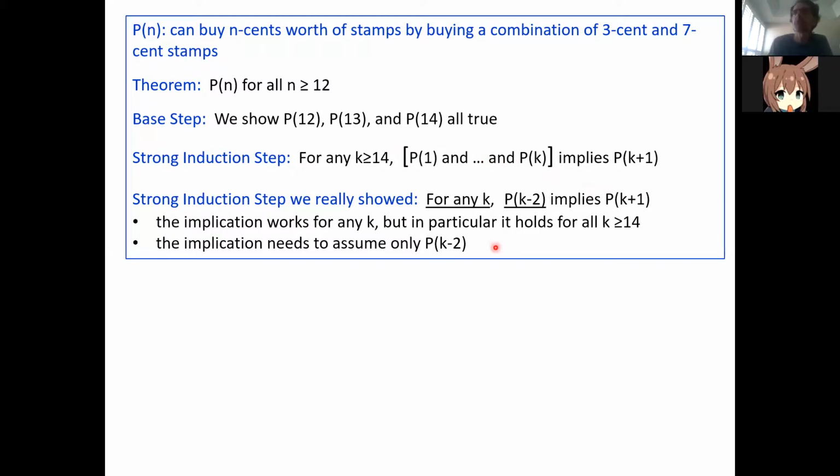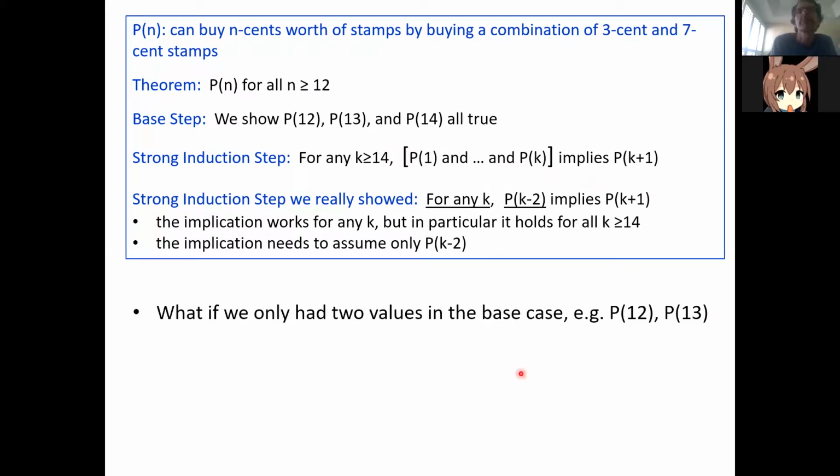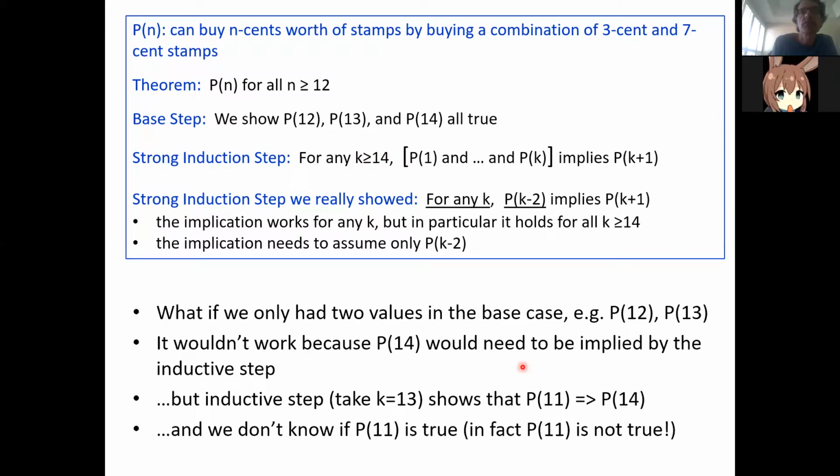Okay, so this will often be the case, and it shouldn't trouble you. What if we had only shown this in the base case? I mean, we already talked about it. Then we would have to start this from 13. k minus 2 at that point could have been 11 for the first index, and P(11) is not true, right? Okay.